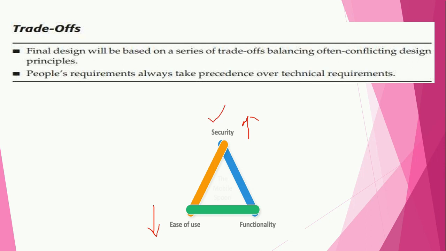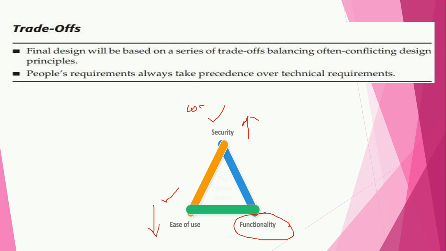Your system has to be secured, and also it should be user friendly, with ease of use, and at the same time it has to provide the functionality. So all these things have to be balanced. See, if you provide security, cost may go high.